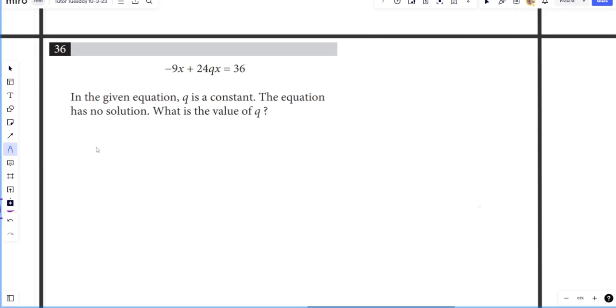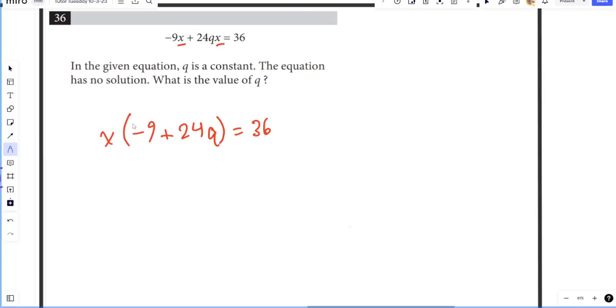And the value that I could see here, let's do it like this. Let's factor out x from this left side. So we'd get something like x times negative 9 plus 24q equals 36. Basically, if we want this to have no solution, the coefficient on x would have to be 0, because anything multiplied by 0 is 0. And then we'd get 0 equals 36.